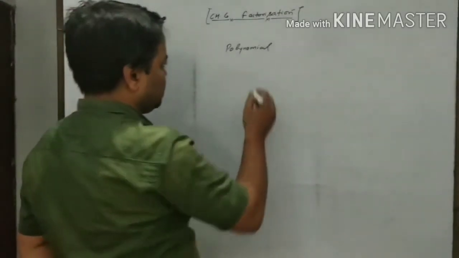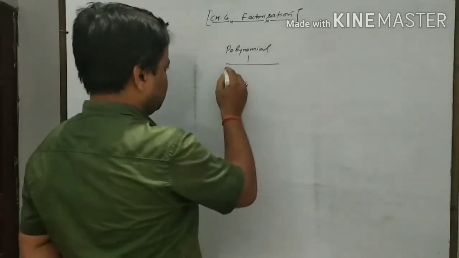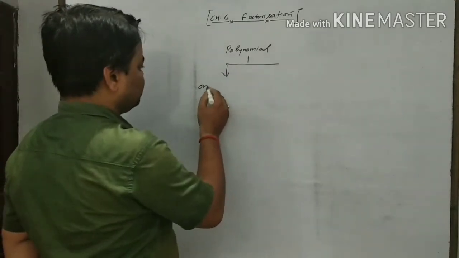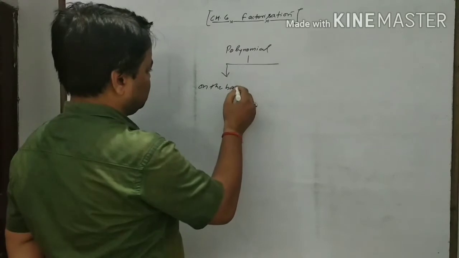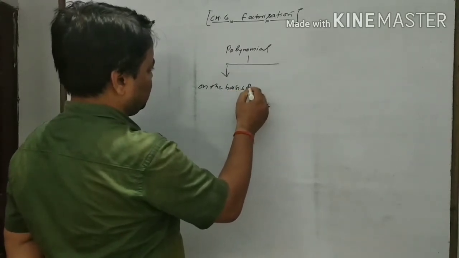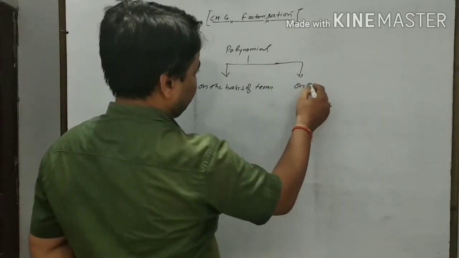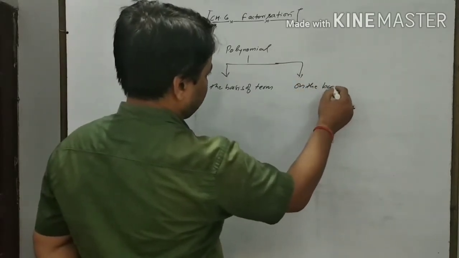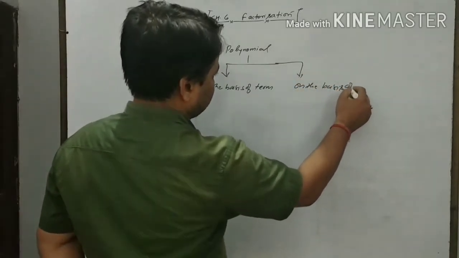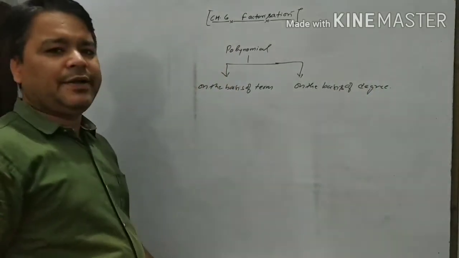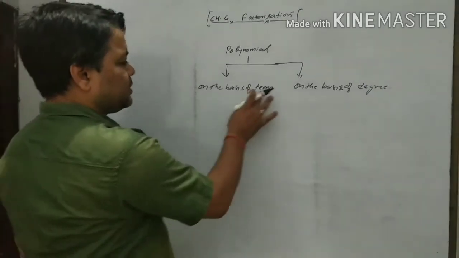At that time it was explained that a polynomial can be classified on the basis of term, and the second one on the basis of degree.